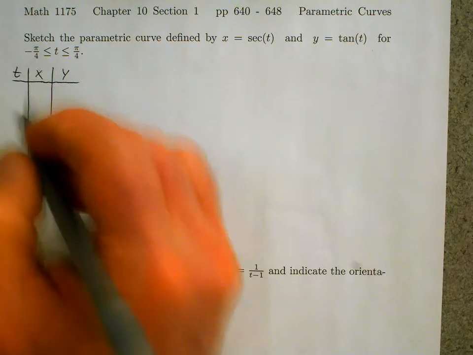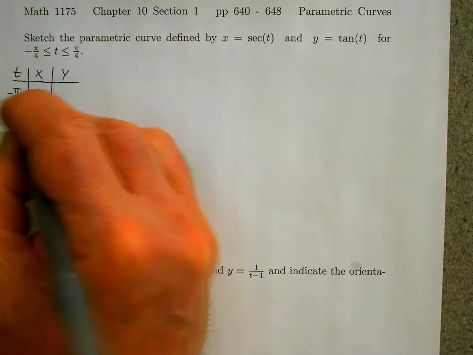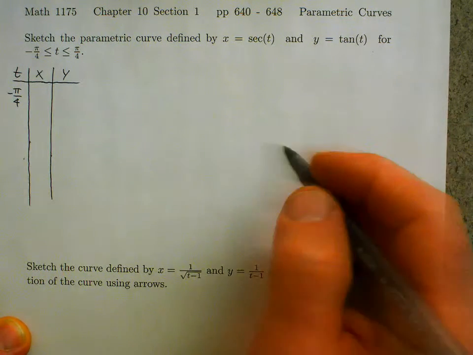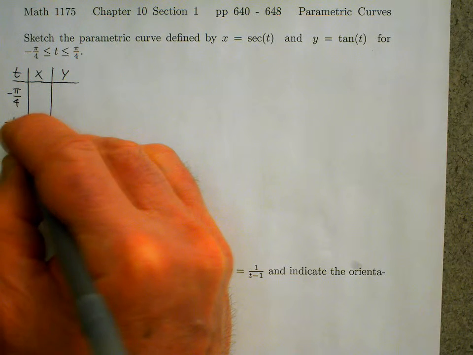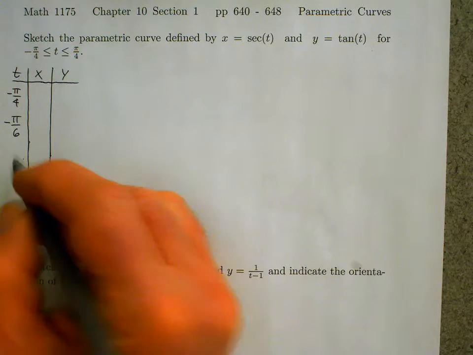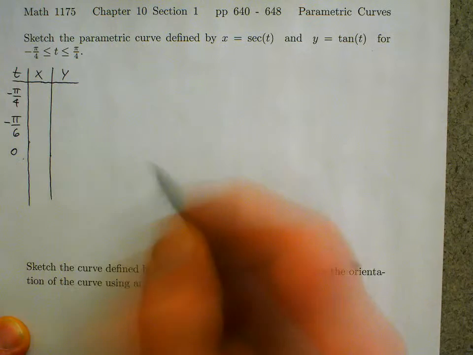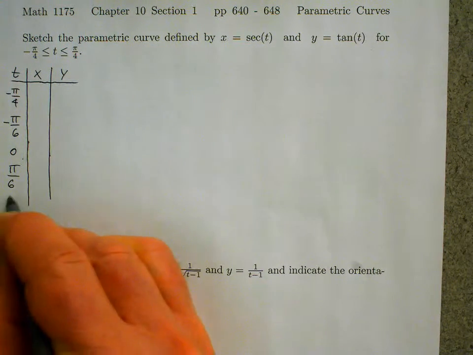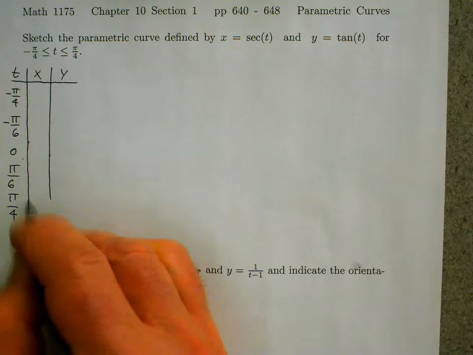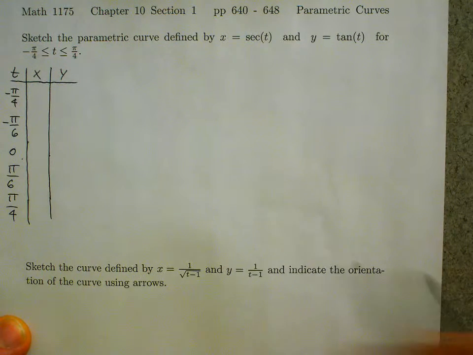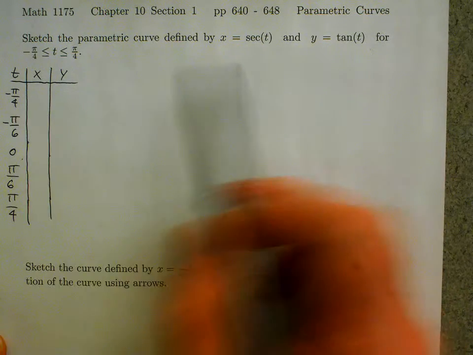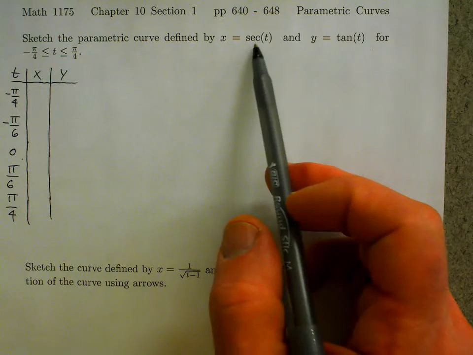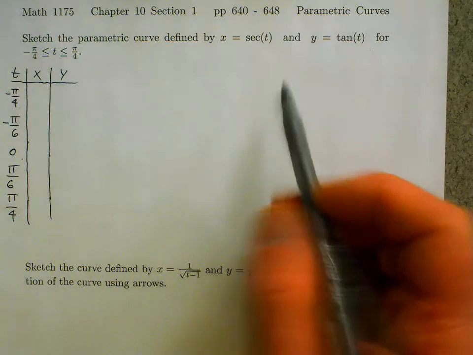So starting at negative pi over 4, and then we'll go to negative pi over 6, 0, pi over 6 and pi over 4. That ought to do it. So if t is negative pi over 4, the x-coordinate is secant of negative pi over 4.